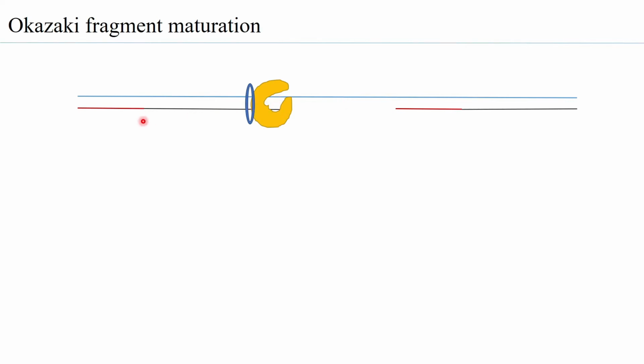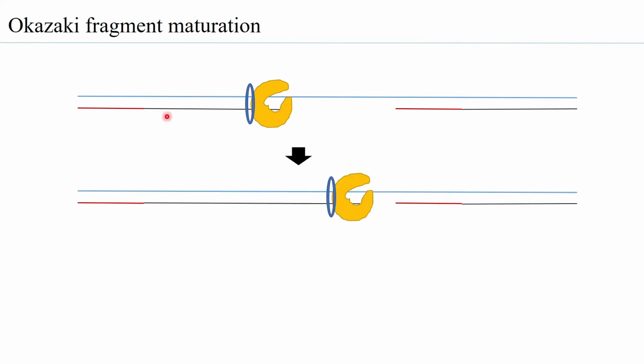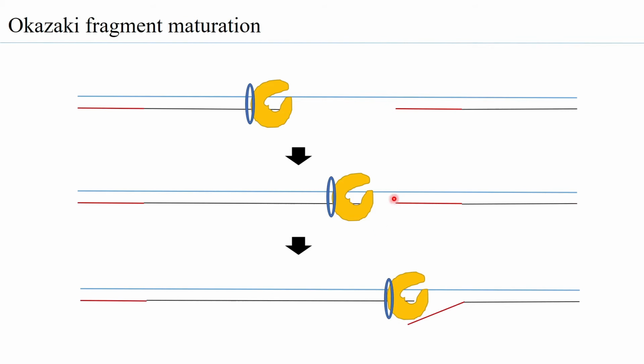It continues to synthesize and is now approaching the next primer template junction, on which you already have nascent DNA formed. Now, when it reaches the primer of the previous Okazaki fragment, what is observed is that DNA polymerase delta is able to displace the primer from the template.